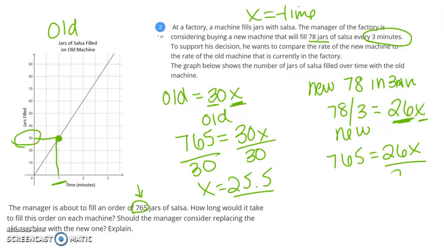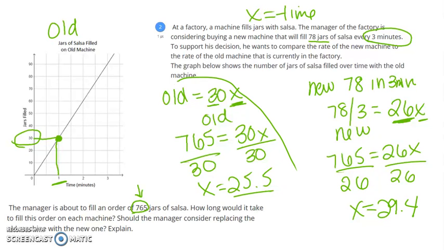And then over here, the new machine will actually take 29.4 minutes. So the manager should really just stick with the old machine, because why would you want to pay more for something that's going to be less proficient?